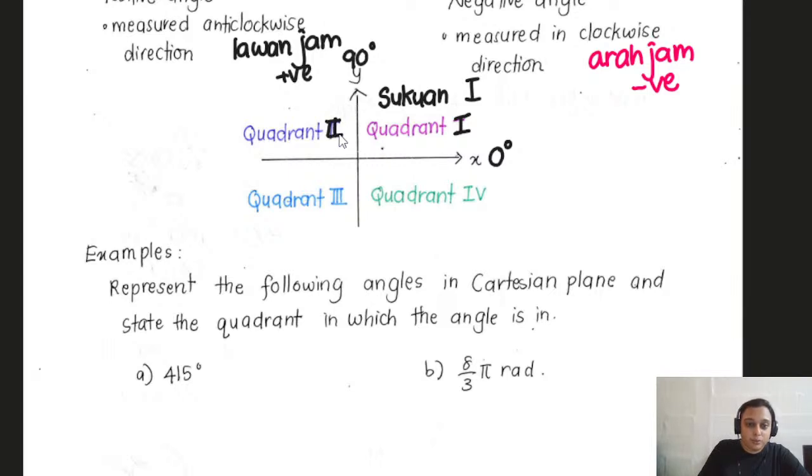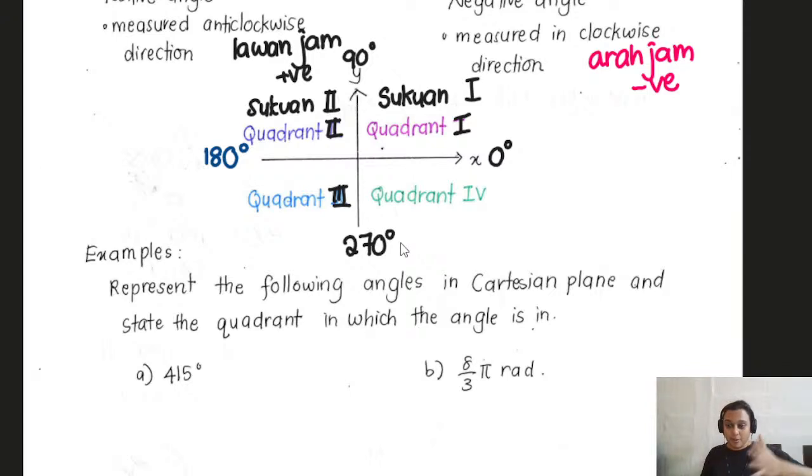Quadrant 2. Sukuan kedua will be from 90, daripada 90 hingga 180, until 180. Then quadrant 3, sukuan ketiga, is from 180 to 270, 270 bawah.